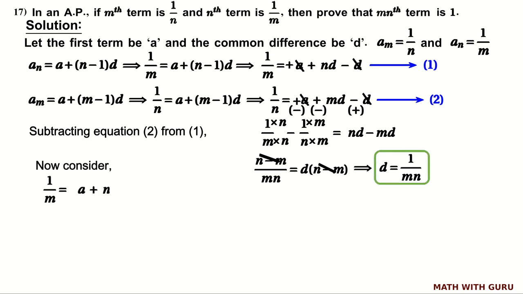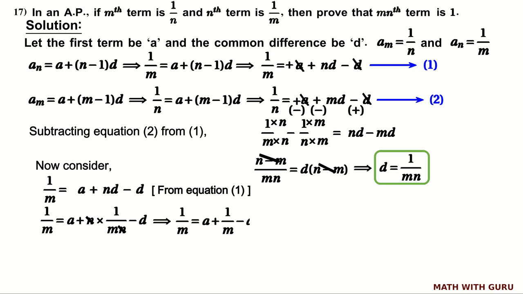Now consider equation 1, 1 over m equals a plus nd minus d. I am substituting d equals 1 over mn only in the middle term: 1 over m equals a plus n into 1 over mn minus d. Look carefully, n cancels with n.